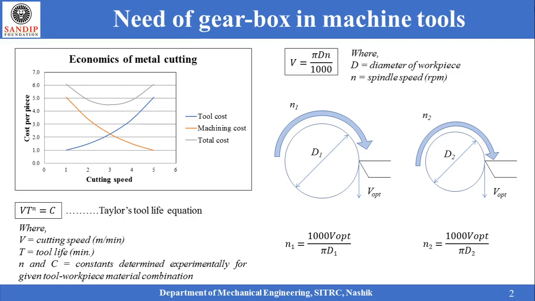Over the period of time, if the diameter D1 reduces to D2 and if still the spindle is spinning at N1, then the machining operation is not being carried out in the most economical speed. Now, in order to achieve the same cutting speed, the spindle speed has to be changed, and it has to be changed to N2, which can be calculated by N2 = 1000 V optimum / πD2.